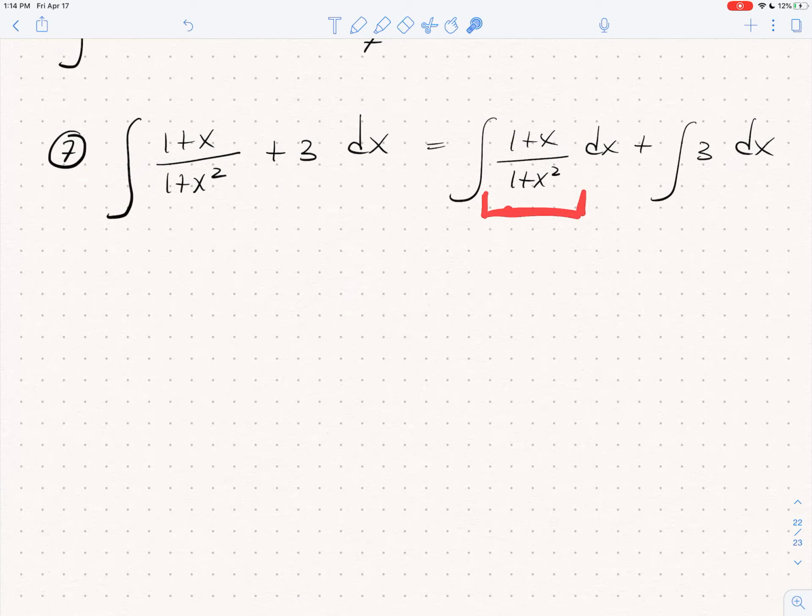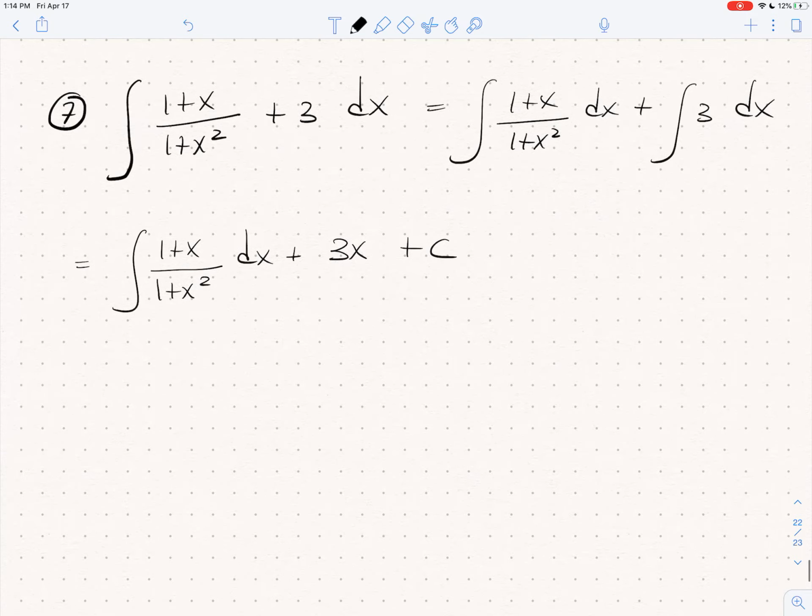What do I do for this part? This is the tricky part. So we'll come down here and rewrite it as the integral of (1 + x) over (1 + x squared) dx plus 3x plus a constant. All right, so at this point, if you try u equals the bottom, 1 + x squared, you're going to get du is 2x dx.